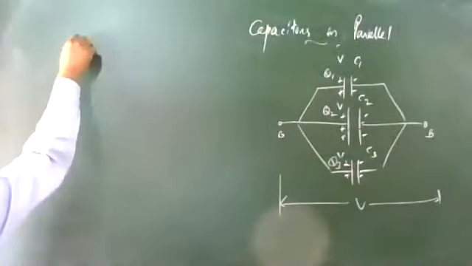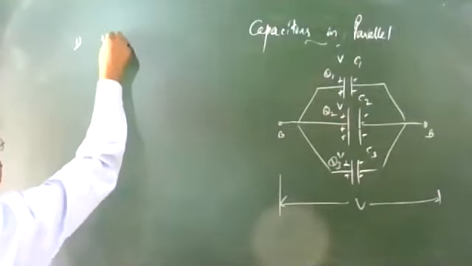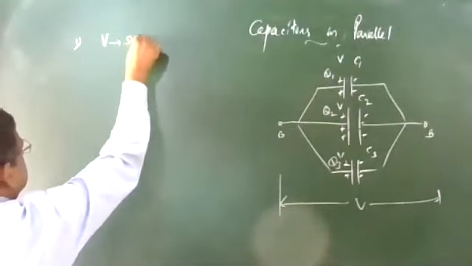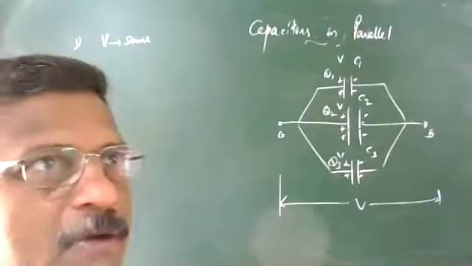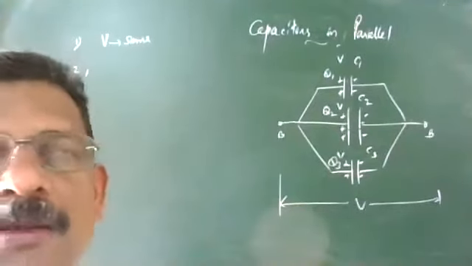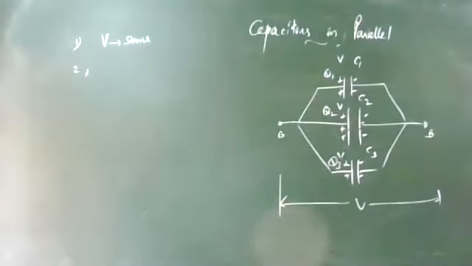For capacitors in parallel, the potential difference V remains the same across all capacitors. Whether it is a capacitor connection or a resistor connection, when they are connected in parallel, the potential difference remains the same. Remember the house wiring, the domestic wiring: all devices are connected in parallel, so the potential difference remains the same, ensuring the same potential difference for all the devices.